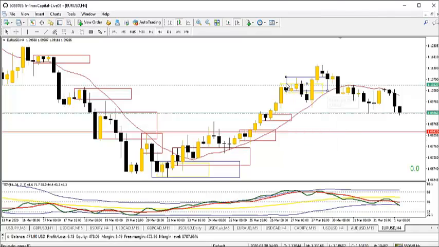But by the time the market came back, what happened? It broke the source. So whenever a source is broken, then the source becomes invalid, and as well as the breaker. That means the uptrend still holds.